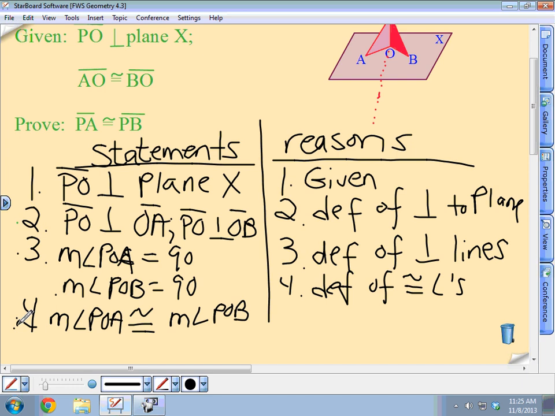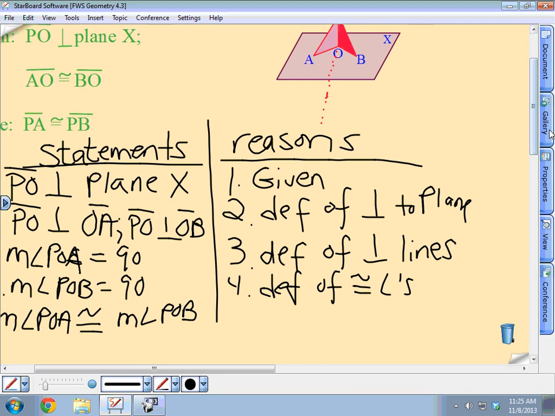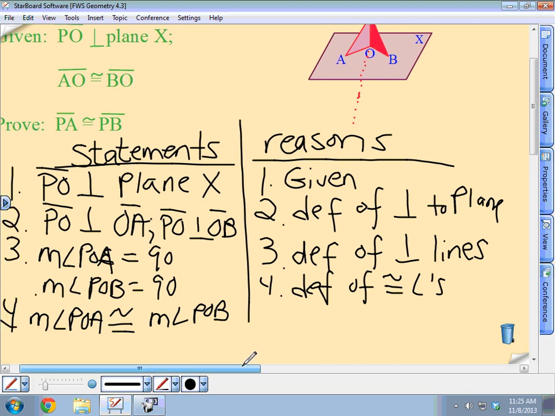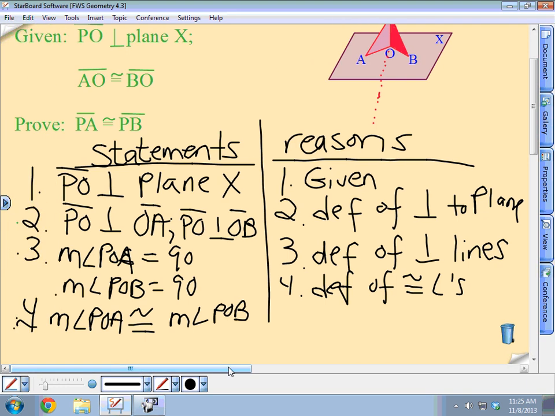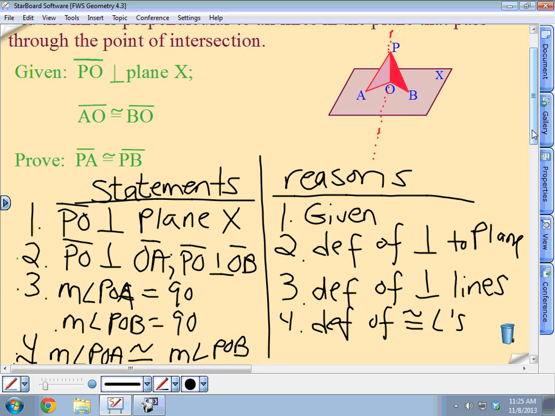Now guys, keep this in the context of our triangles, right? What are our triangles up here? What have we shown so far? PAO and PBO. Let me get a different color here. PAO and PBO.